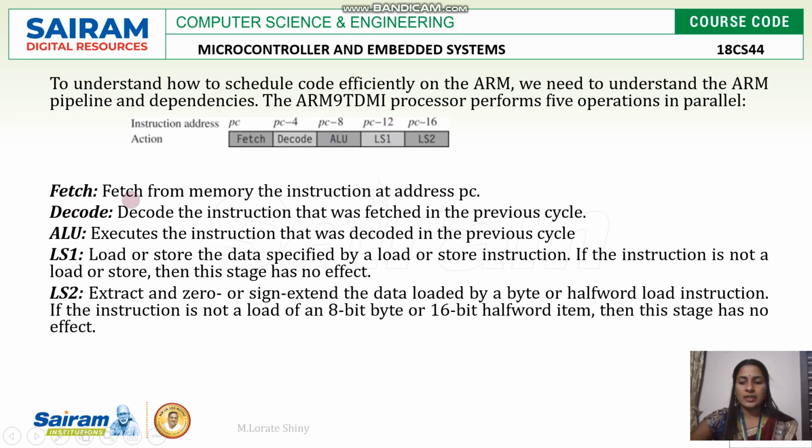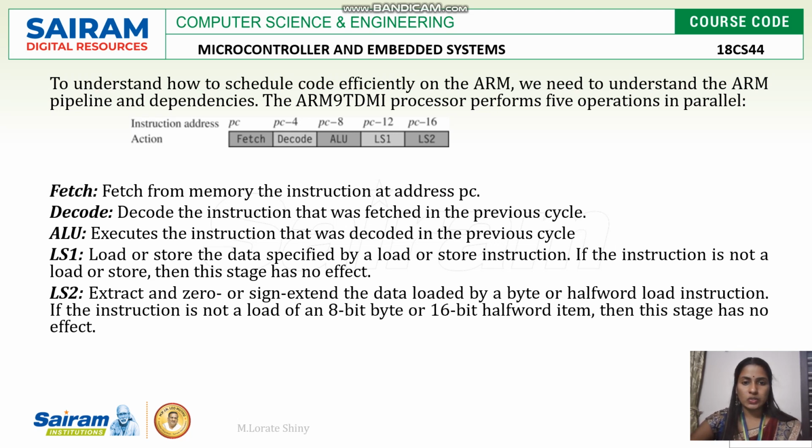Fetching means the instruction will be fetched from the memory. Decoding means decoding the instruction and identifying the operands. ALU means executing the instruction. Then LS1 and LS2 are load store 1 and 2. Load store 1 is for 32-bit data, load store 2 is for 8-bit and 16-bit data.